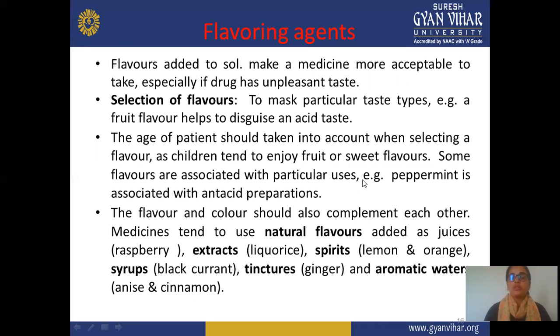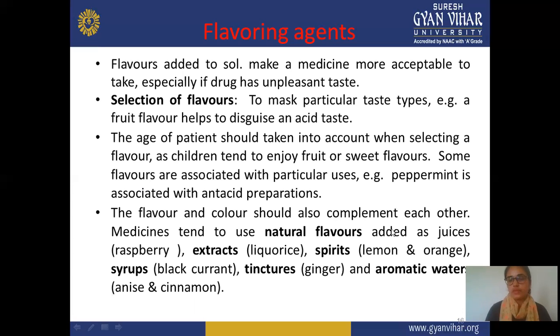If you are making a formulation for old age or children, in this case you use a flavoring agent, and you select it according to age. If you are preparing a formulation for children, then you mainly add fruit or sweet flavor, because they easily accept sweet or fruit tastes. Peppermint is particularly associated with antacid preparations, and flavor and color should complement each other.